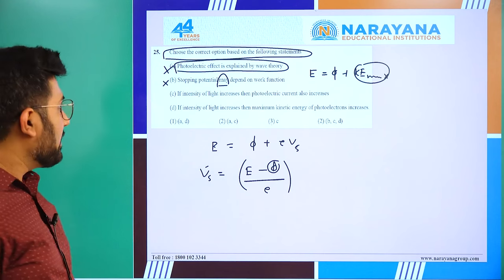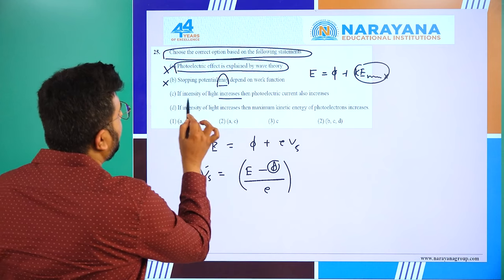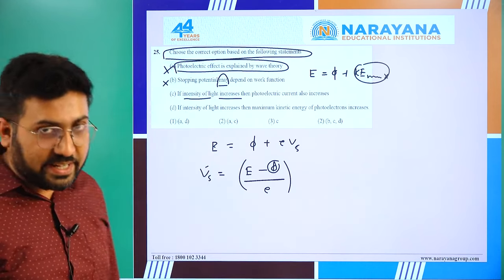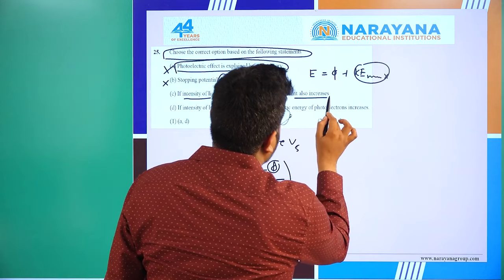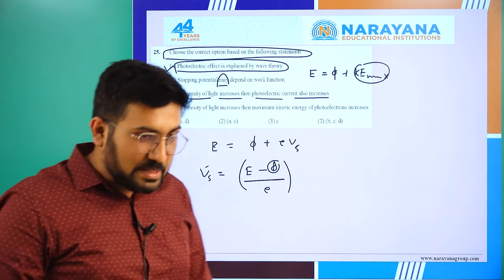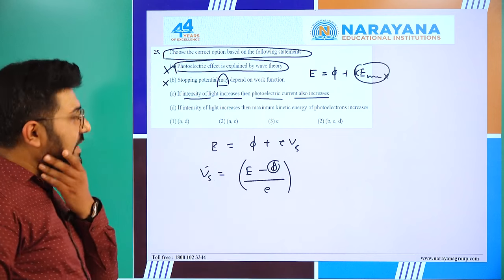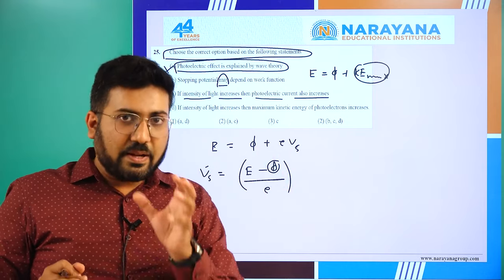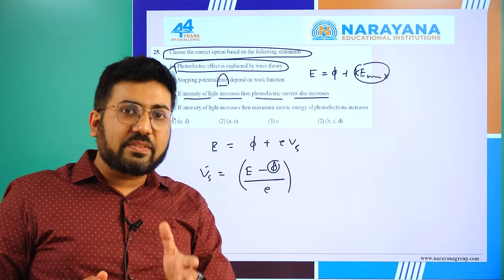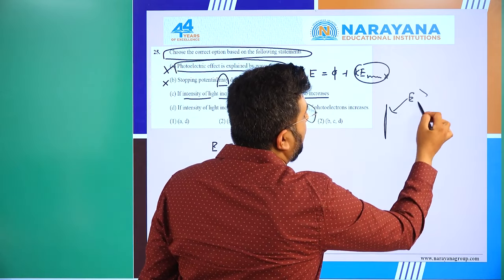The next option is, if the intensity of light increases, then the photoelectric current also increases. Now, this statement is only partially correct. Why? Because intensity plays a role only if the incident energy is greater than the work function.